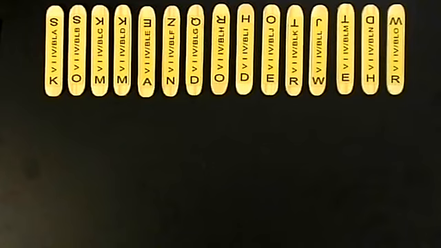I would now like to explain this method with the help of small wooden sticks. Each small wooden stick represents a single scrambler. Since the crypt contains 15 letters, there are also 15 small wooden sticks.